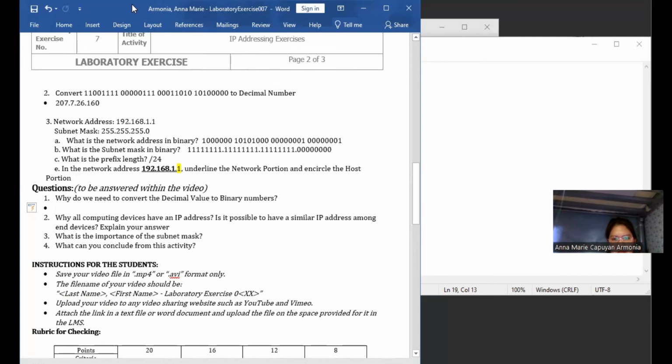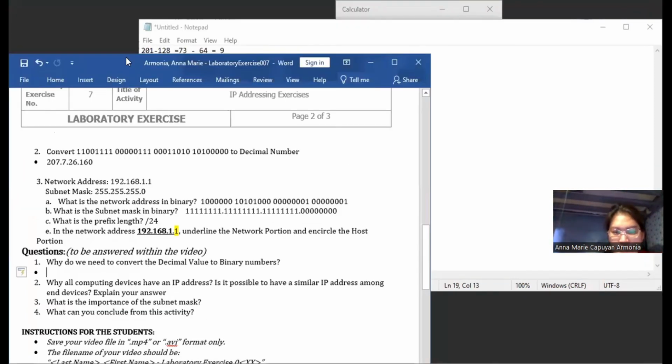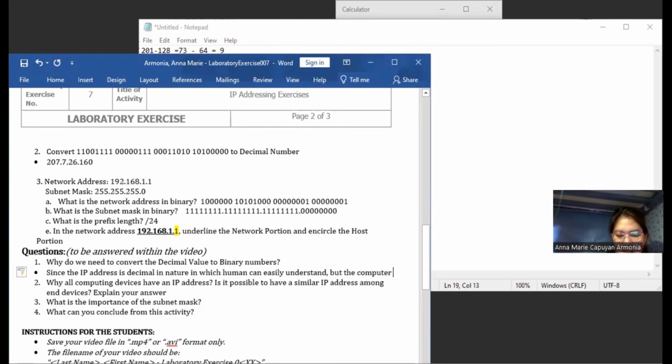Since the IP address is decimal in nature, which humans can easily understand, the thing is, the computer cannot.